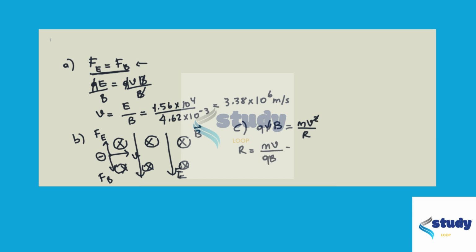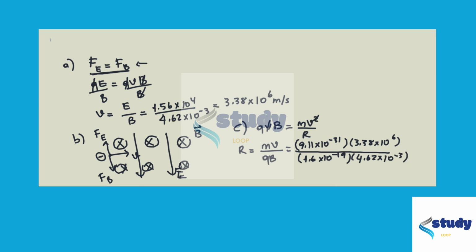When we plug in the numbers, 9.11 times 10 to the power of negative 31 times the speed, which we calculated to be 3.38 times 10 to the power of 6 from part A, and then we divide this by the charge of an electron, 1.6 times 10 to the power of negative 19, times the magnitude of the magnetic field, which was given to us as 4.62 times 10 to the power of negative 3.